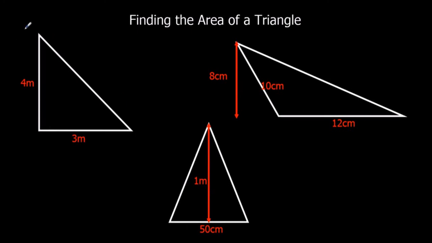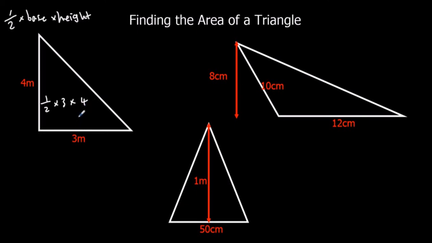Okay, so let's look at the first one here. We've got the base is 3 and the height is 4. So we're going to use the formula half times base times height. So we've got half times 3 times 4. It doesn't matter what order you do multiplication in, but I'm just going to do it in the order that's there.